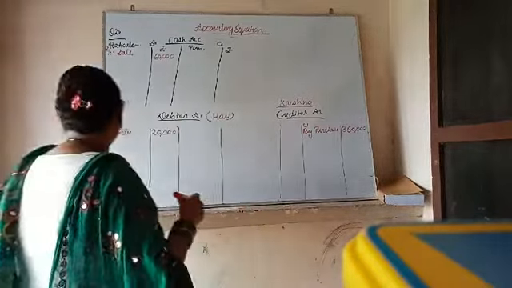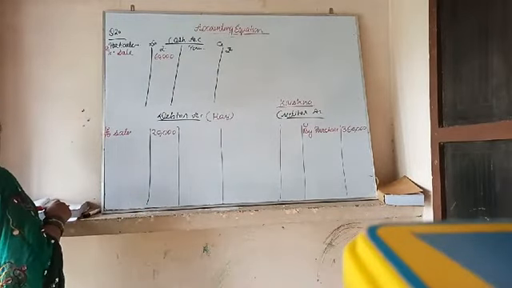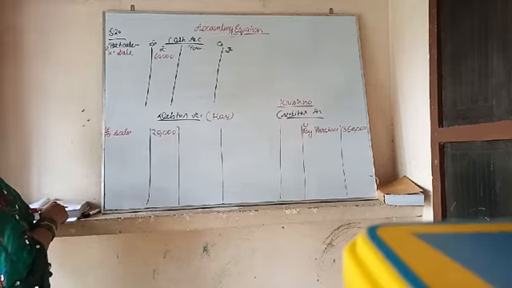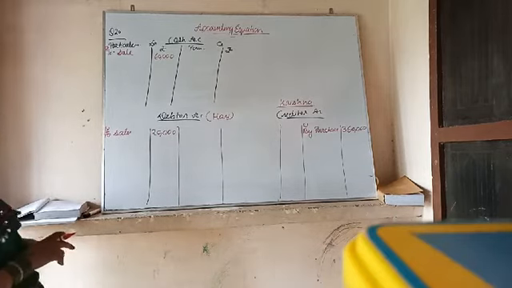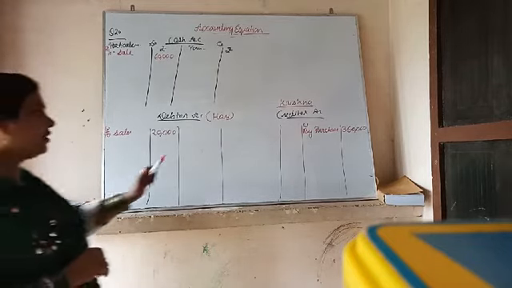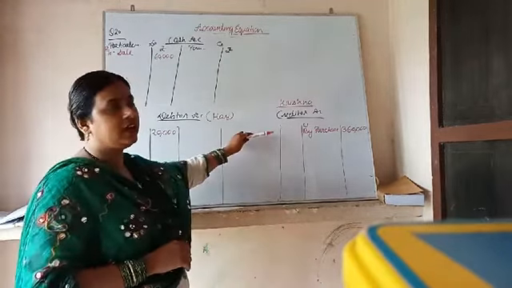Next transaction is given: purchased goods from Krishna for cash, 10,000. Here we have purchased the goods for cash, so we will not write it in the creditor column.